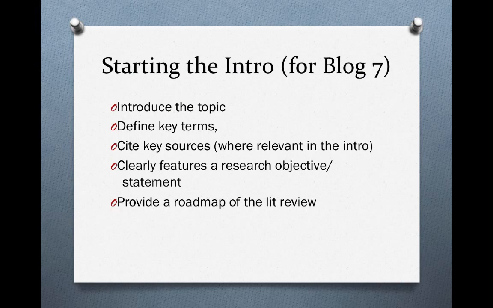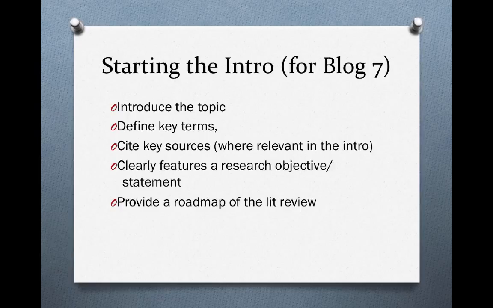Your writing assignment for this week is to write blog 7, where you're going to introduce your topic, define some key terms, and cite key sources, kind of like you saw me doing with the Wenger and Brophy and Yancey texts that my colleague and I cite in the beginning of our research proposal introduction.